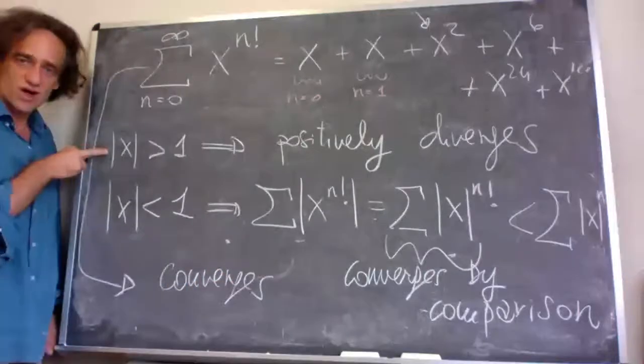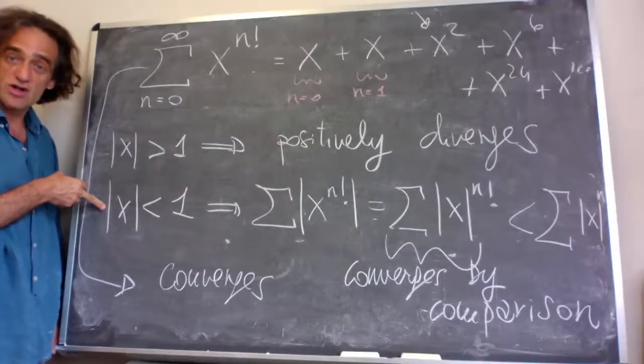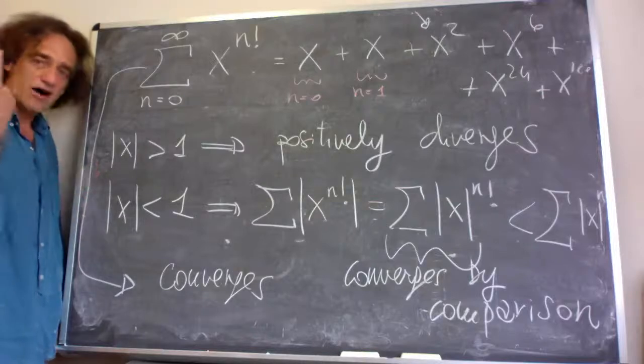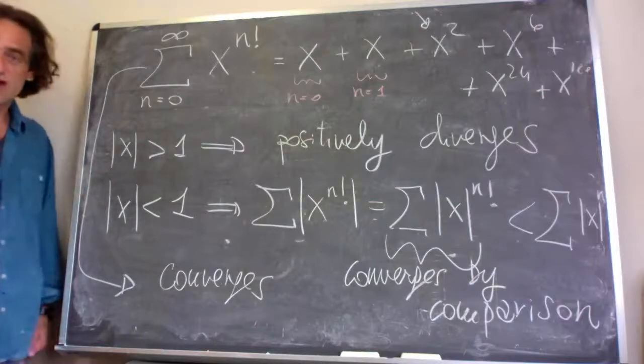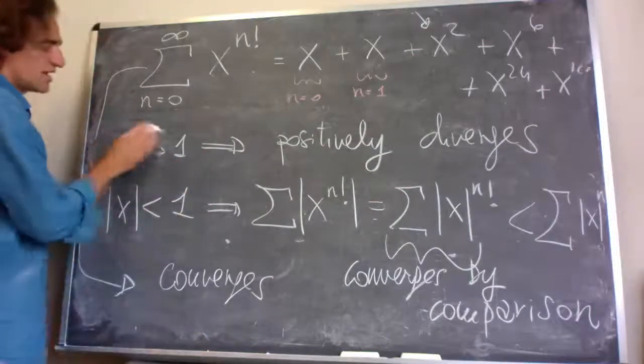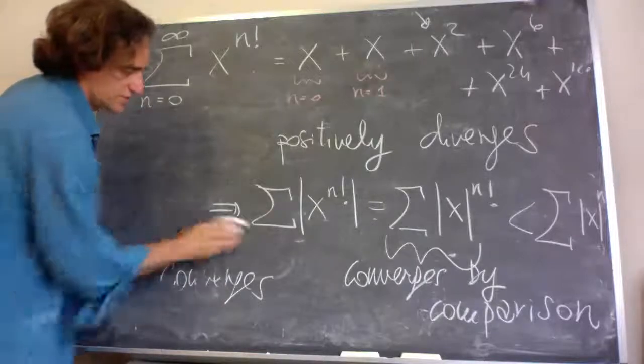For x larger than 1, we have divergence. For modulus of x smaller than 1, we had convergence. So we found R, the radius of convergence, which must be equal to 1, without using criteria, without doing the usual computation.